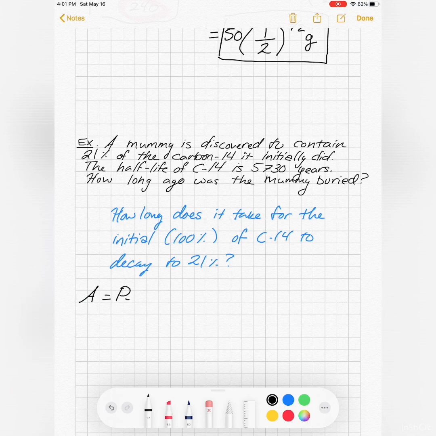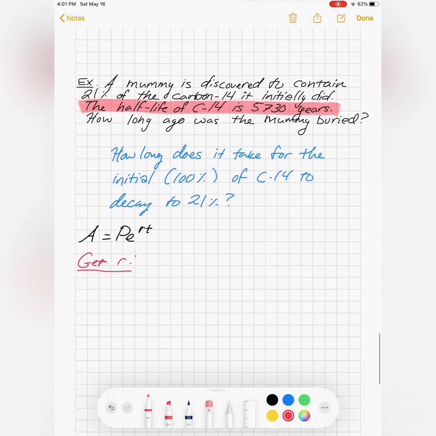So I'll start with my PERT model. Again, first step is going to be get the rate. I'm going to use the half-life to get the rate. Okay, so I know whatever I start with, I'm going to end up with half of that.